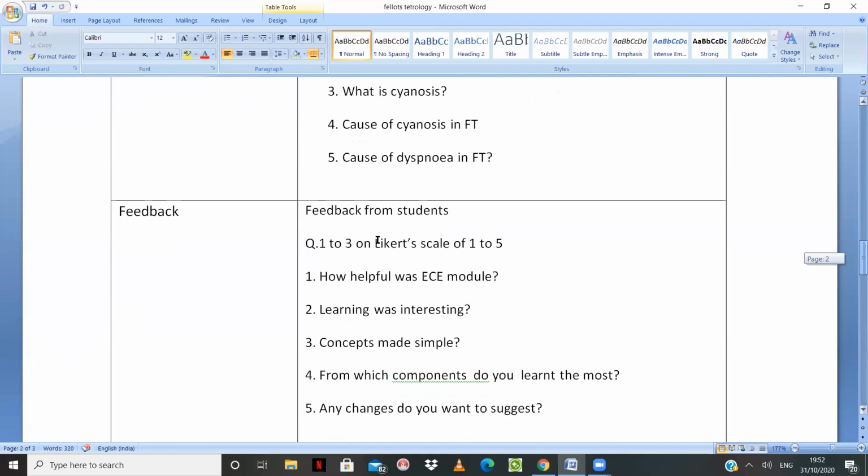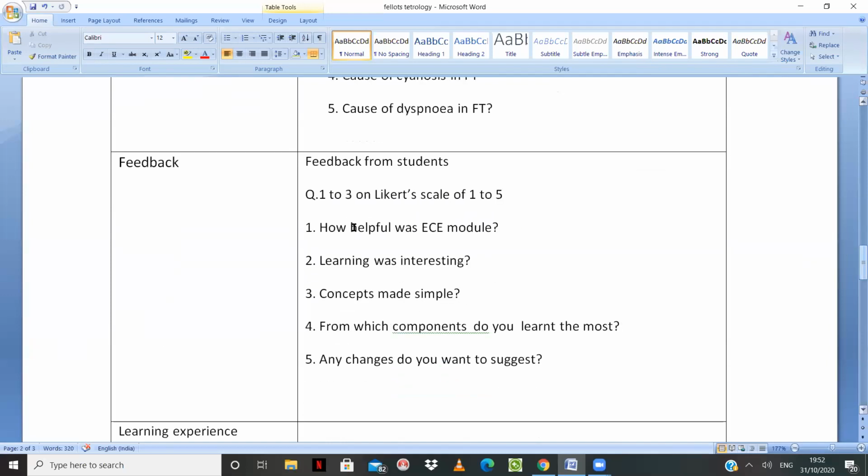We can ask many questions, but here we have given a few examples, like questions 1 to 3, in which the learner has to give feedback on the ECE module.